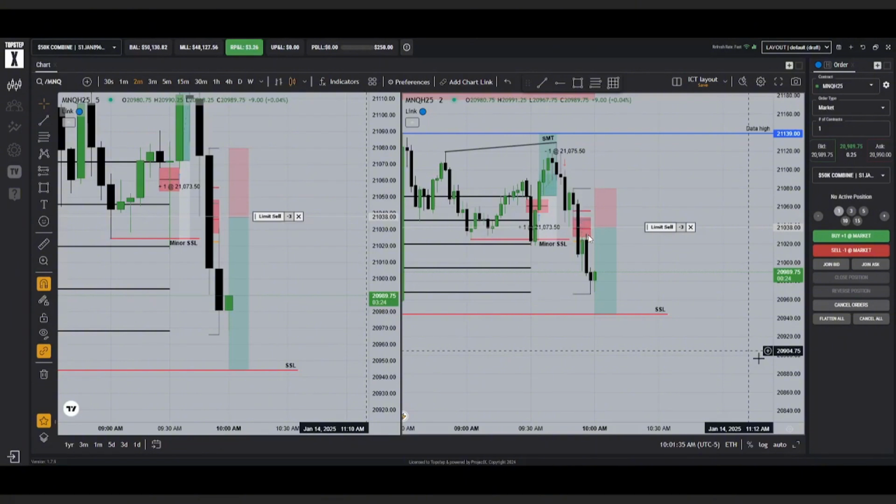And if it gives me the opportunity to, I would like my stop to be generally around the new high that was created. So right here, it's not really a new high because we have older highs, but the higher high that was created, I would have liked my stop to be around here, because right here you're pretty much safe from anything.